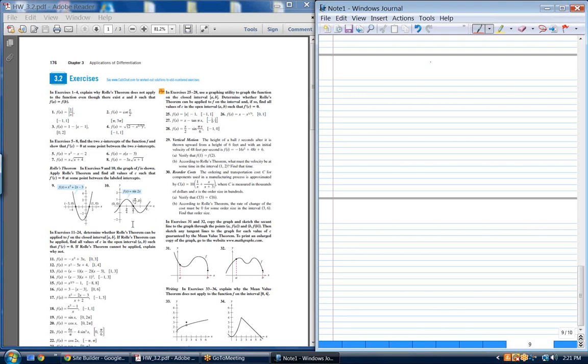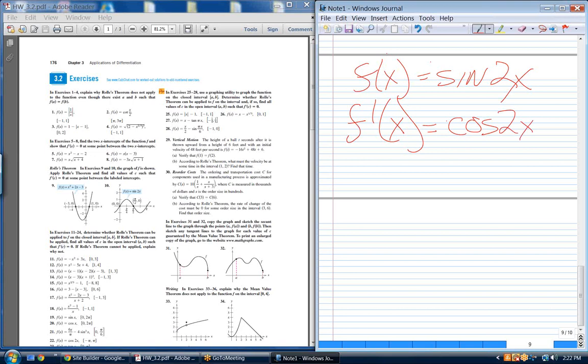So what's the derivative of sine of 2x? The cosine, times the derivative of the inside, times 2. So it's 2 cosine of 2x? Uh-huh. In other words, let's talk about this. The inside is 2x.